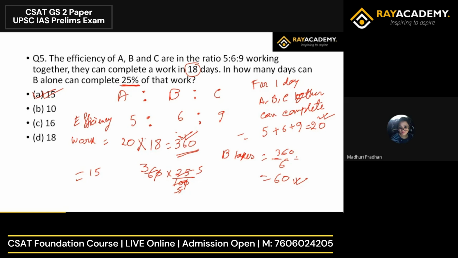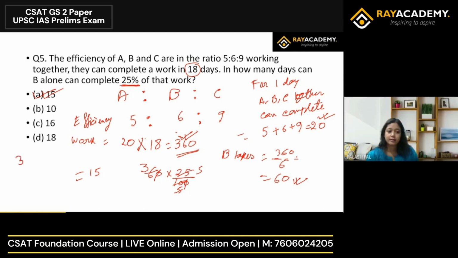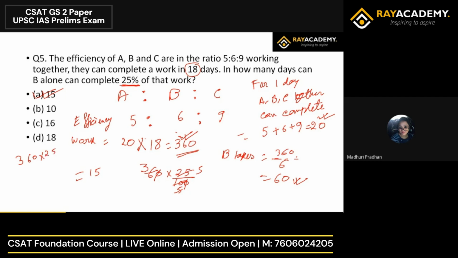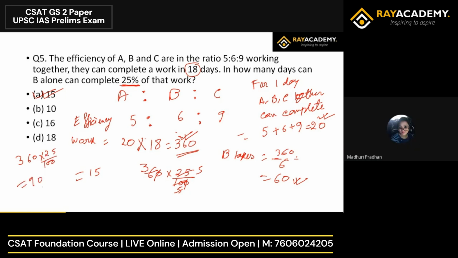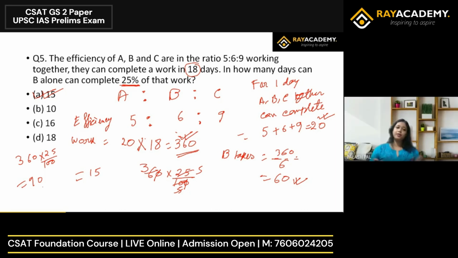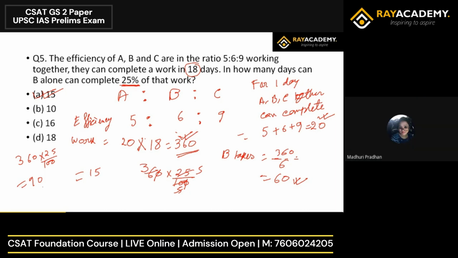First you can reduce the work, 360 into 25 by 100. That means you will get 90 chocolates, then B takes 15.